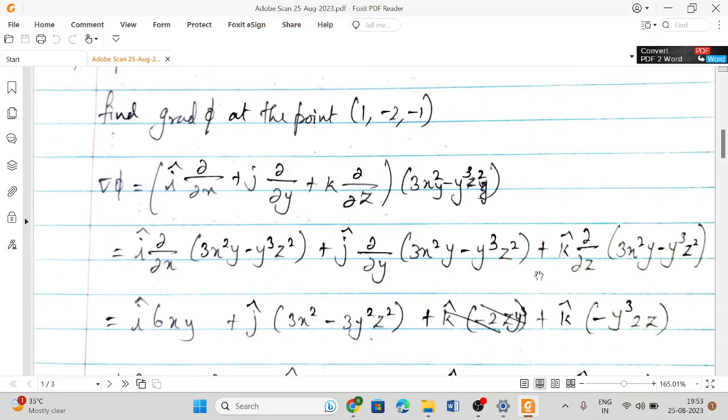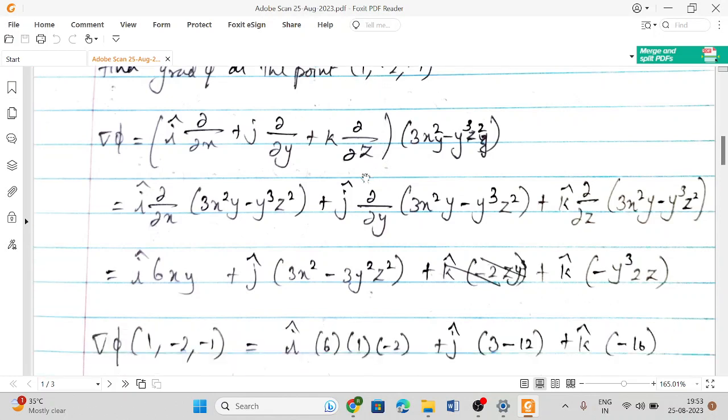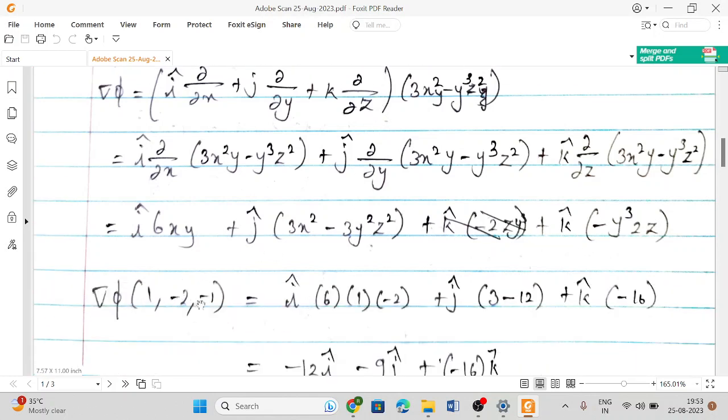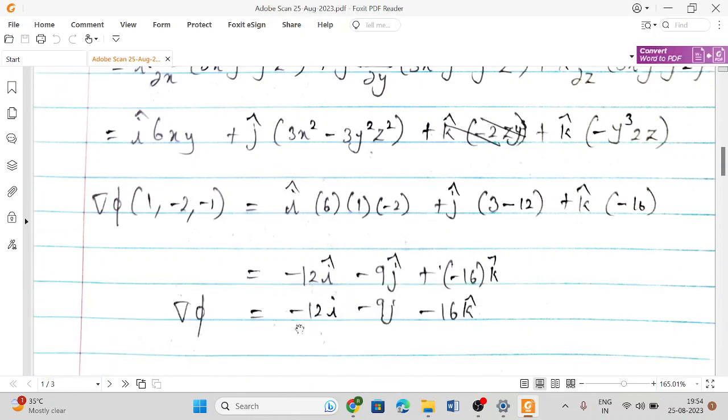Okay, then they asked grad phi at the particular point. So we have to substitute the values of x, y, z in the obtained gradient. You put the values of 1, minus 2, and minus 1 respectively, and you will end up with this. So this is the gradient of the given scalar quantity.